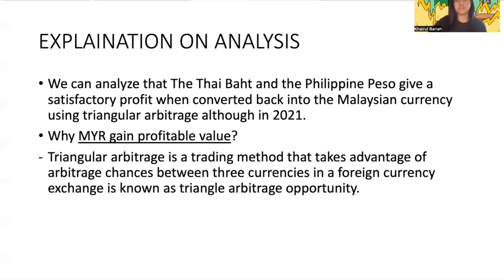Okay, we can analyze that the Thai baht and Philippine peso gave a satisfactory profit because they are profitable. Why is it profitable? Because triangular arbitrage is a trading method that takes advantage of arbitrage chances that we call triangle arbitrage opportunity. That's why our calculation gains a profit.